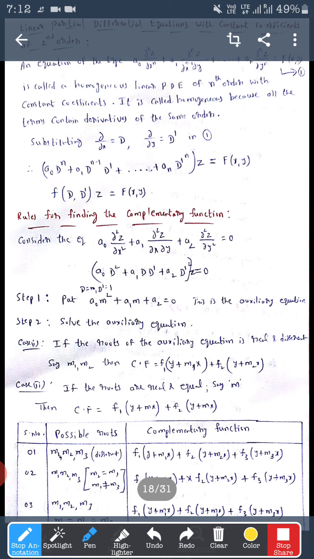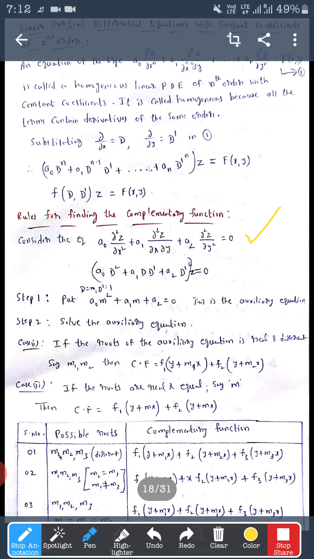So here we have some rules for finding the complementary function. The rules are listed below. Step 1: first we convert this equation into symbolic form. That means we write capital D in place of dou by dou x, and D dash in place of dou by dou y.